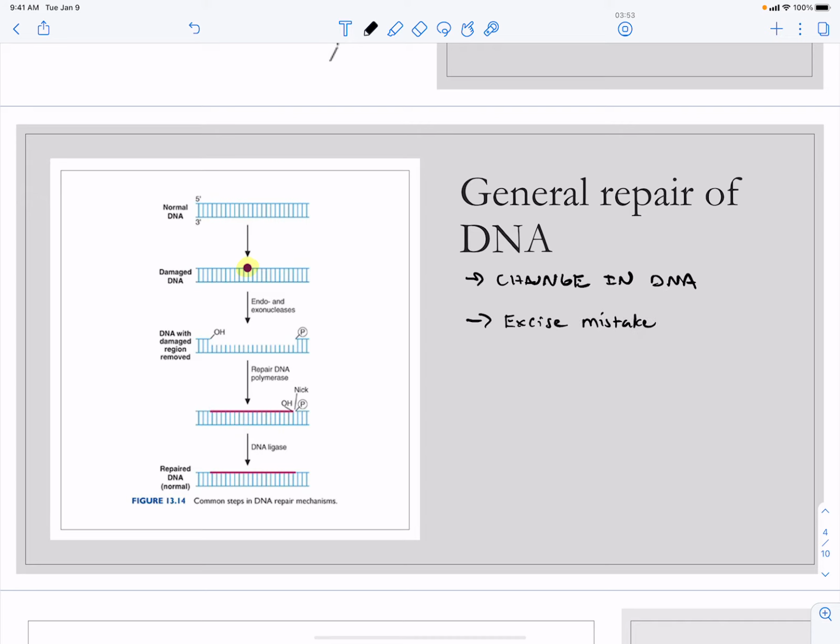And most often, this excision is going to be much larger than the actual area that the mistake was in. And then you're going to have to repair, and this is going to be via your polymerases, the same ones that replicated your DNA. And then you're going to have to seal, which is done by ligation via ligase. And so in general, all repair mechanisms have this sort of approach to repairing your DNA.